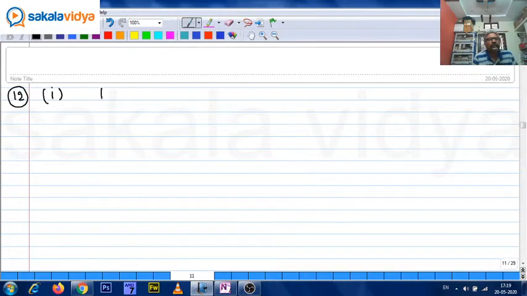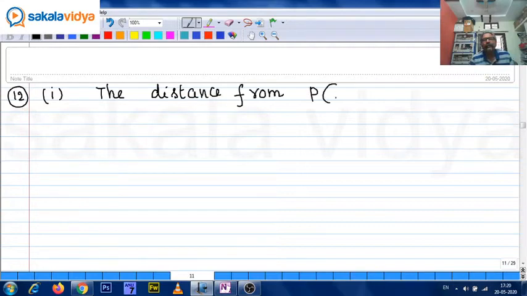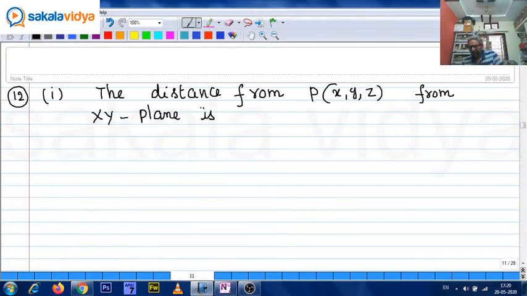First one, the distance, that is perpendicular distance, from P(x, y, z) to the xy plane is, that means, first of all, the projection of P(x, y, z) on the xy plane.